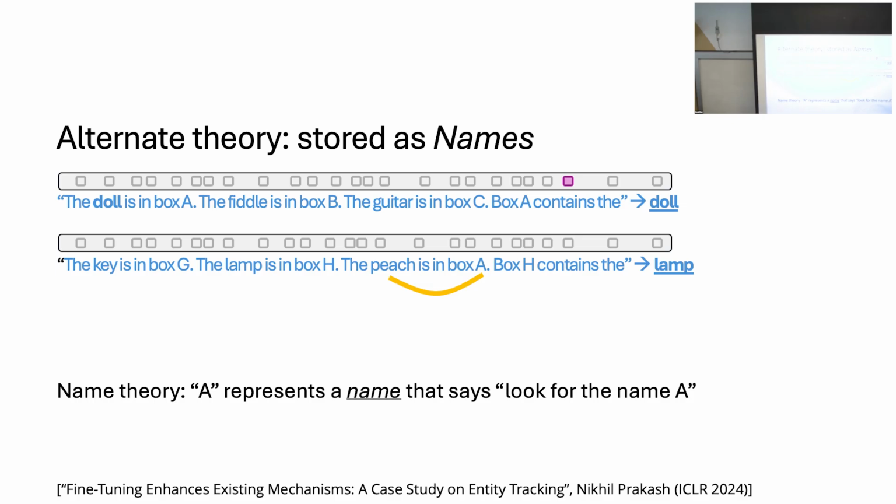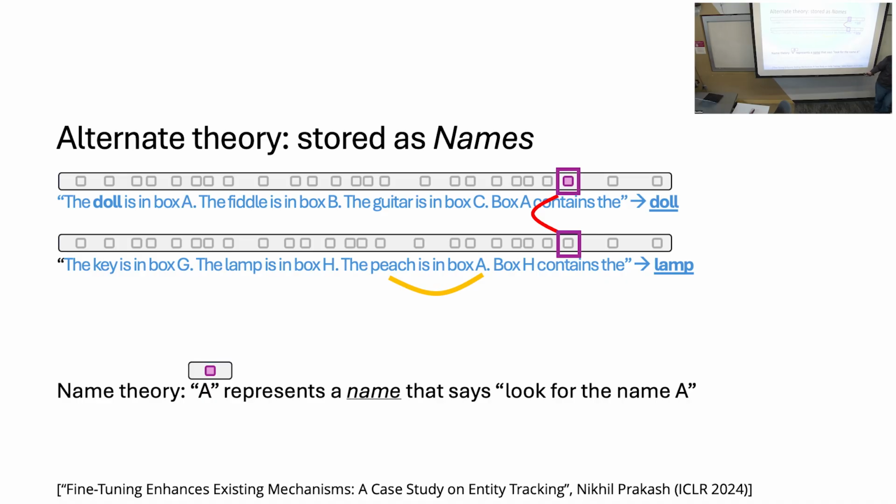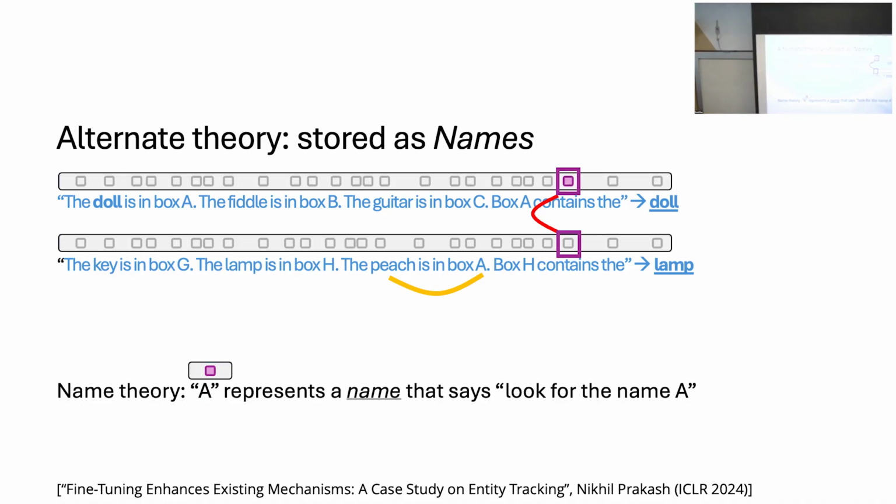So there's another possibility. H is the thing that contains a lamp, but when we patch over A to H, pretend it's A, what if A represented the name? Look for the thing that was named A. And what's the thing in the box named A here? Peach, right? Same sentences as last time, same setup.